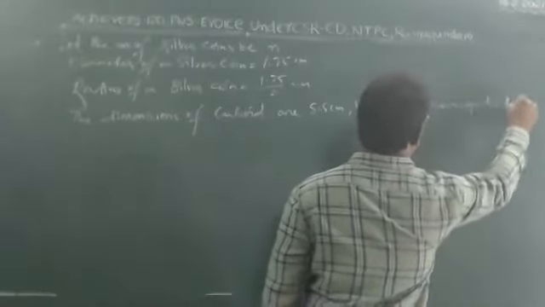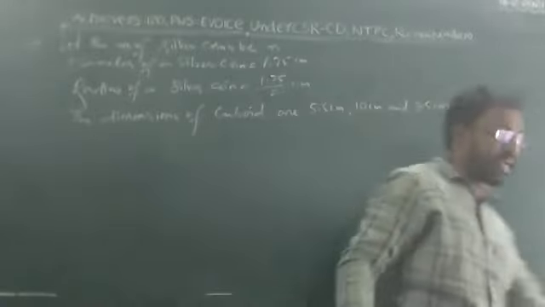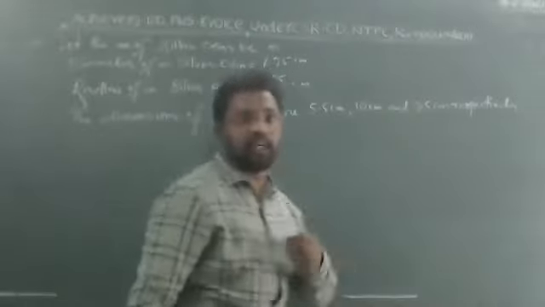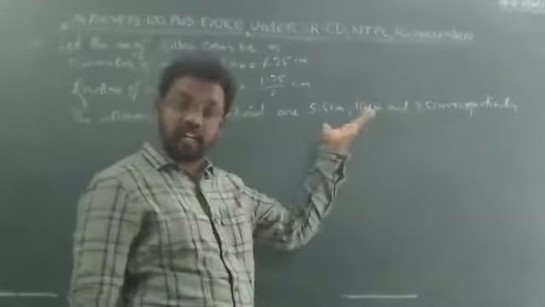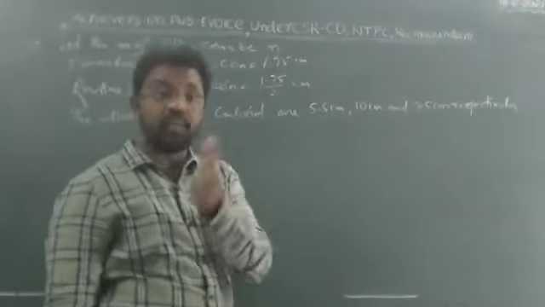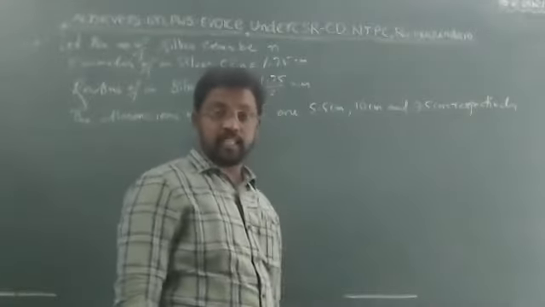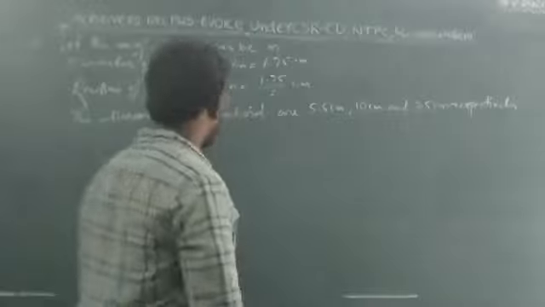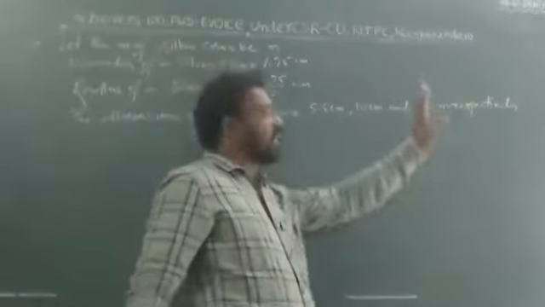That is the order: length into breadth into height. If you do not write respectively, you could take 5.5 as height, 10 centimeters as length. The order you have to maintain: length, breadth, and height. That is the manner of respectively. Yes, the dimensions of the cuboid are length, breadth, and height given.